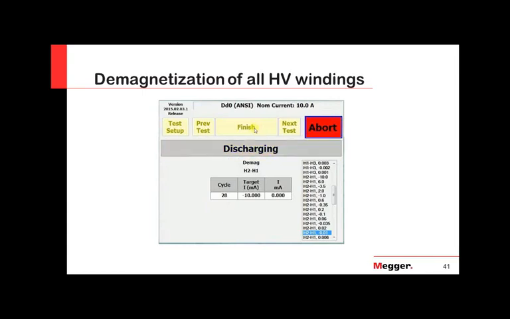And now you can see here, you have your H2 to H1. It's almost done. So it's a charging process and a discharging process. Positive, negative impulses.